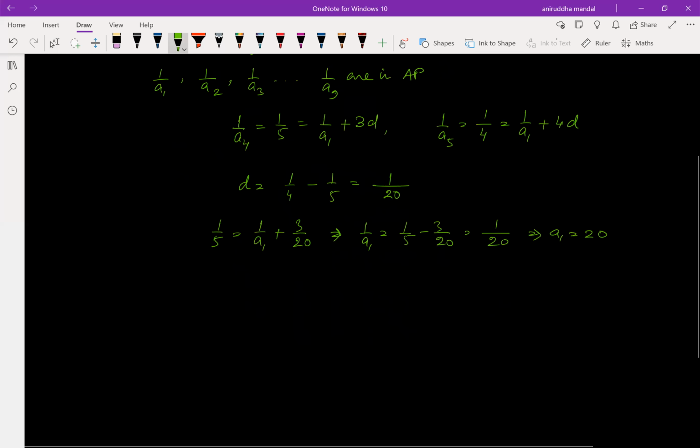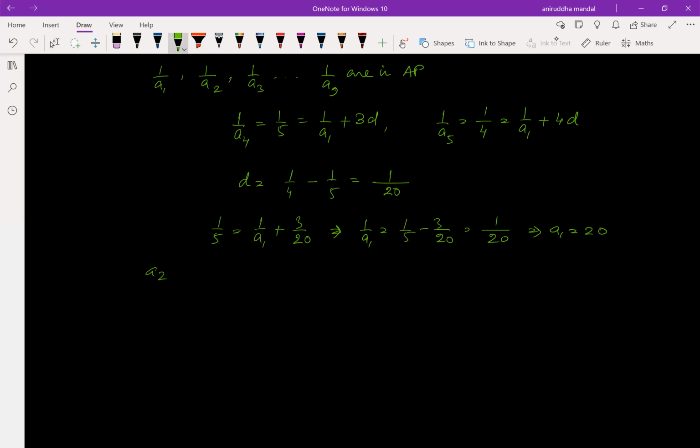Now if we calculate the value of A2, 1 by A2 equal to 1 by A1 plus D. So 1 by 20 plus D is 1 by 20, so 2 by 20. Now 1 by A3 is 1 by A1 plus 2D.